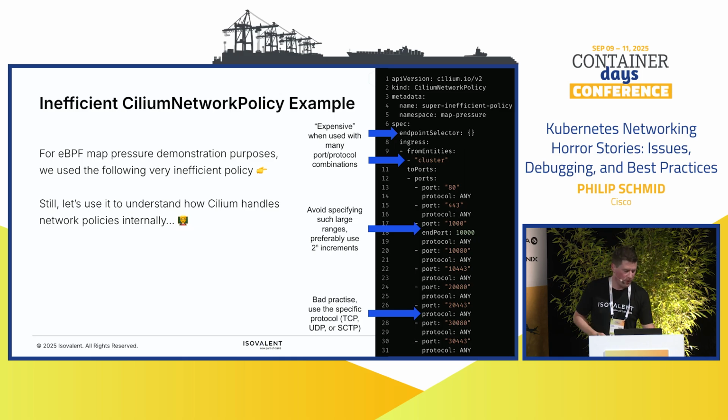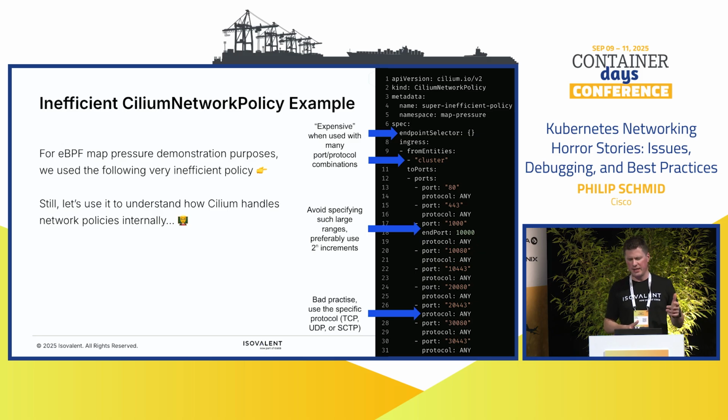Now, coming back to my reproduction with this very inefficient Cilium network policy, I wanted to actually show it to you and give you some hints or explanations why this one is very inefficient and you shouldn't apply it or similar constructs to your environment. So first of all, it selects all endpoints within the namespace where this policy is applied.